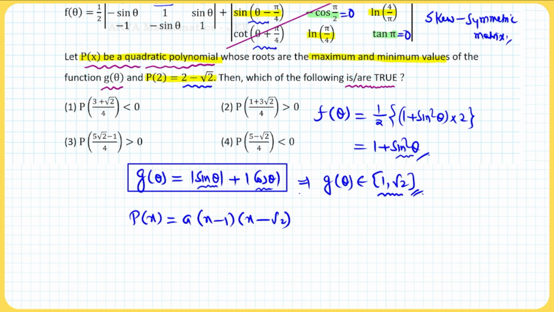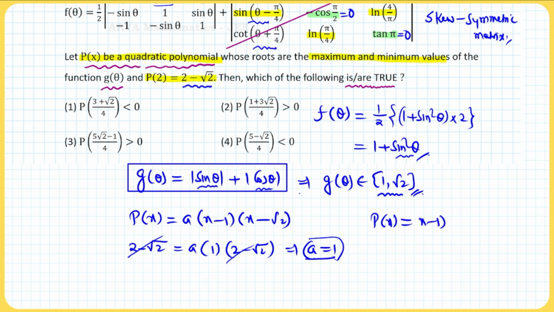So if p of 2 is 2 minus root 2, that implies 2 minus root 2 is a into (2 minus 1), which is 1, times (2 minus root 2). Now these two will cancel, and from here you will get the value of a as 1. So finally our polynomial p(x) is (x minus 1)(x minus root 2).